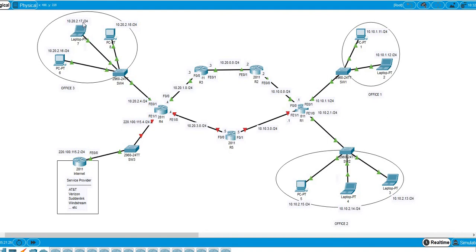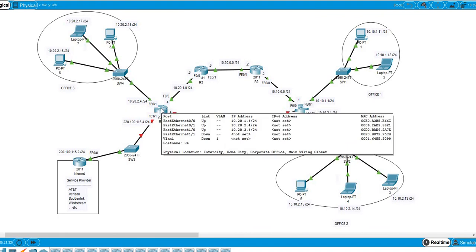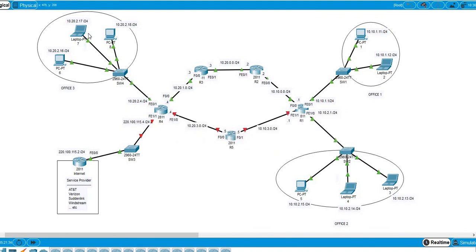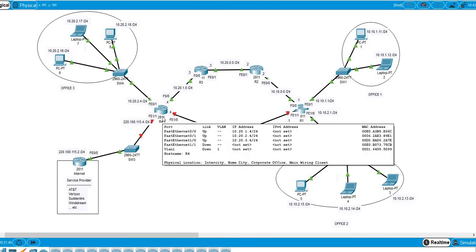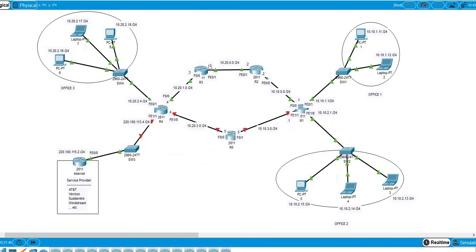Why is that? It's because this is a local network to this router. So a router has direct access to these PCs and these devices in this office, but router 4 does not know how to send traffic across these other routers to be able to reach PC1.